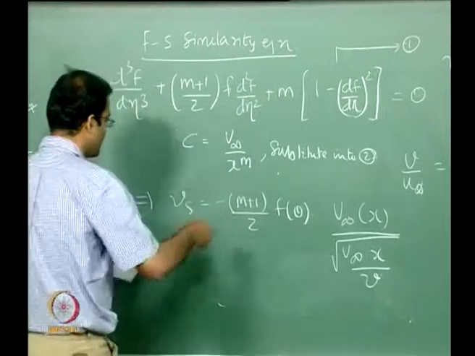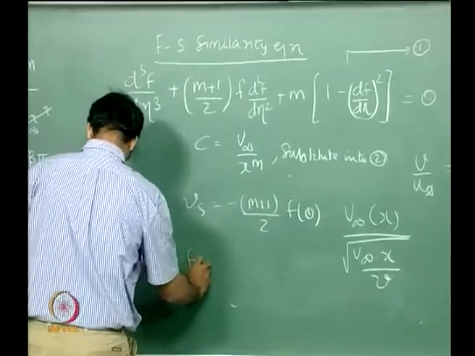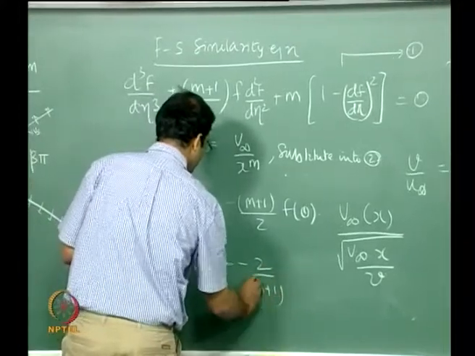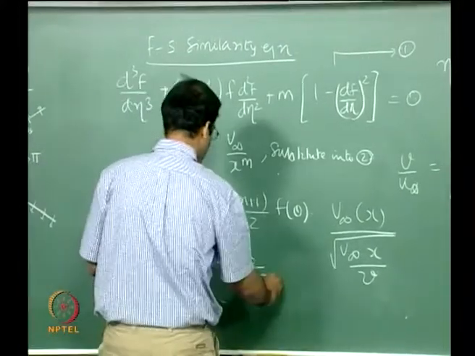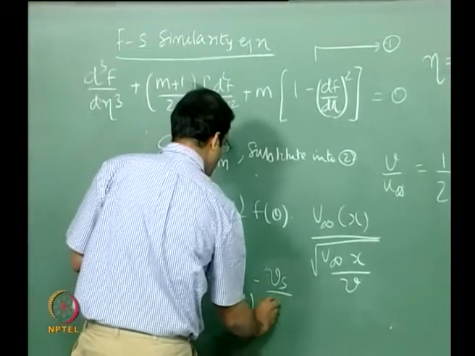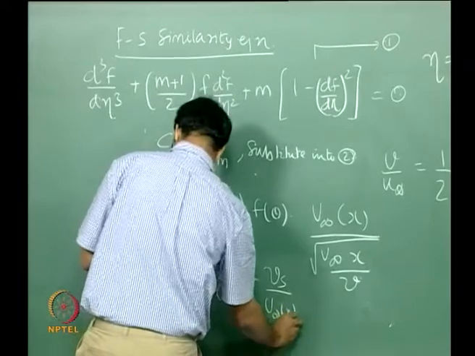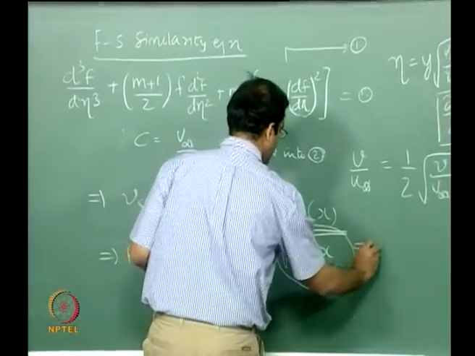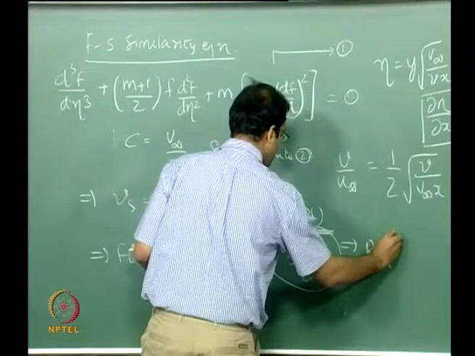So now from here you will get your f of 0 as minus 2 by m plus 1 into Vs by u infinity of x. Now this is nothing but Reynolds number to the power half.